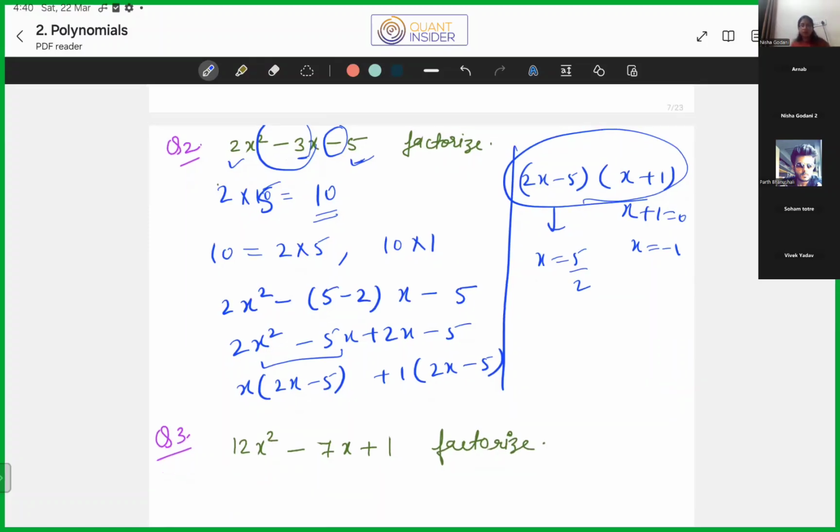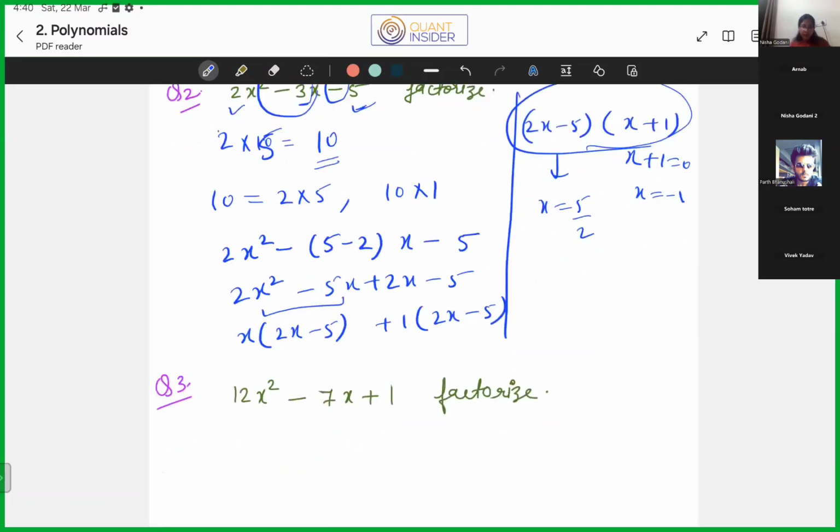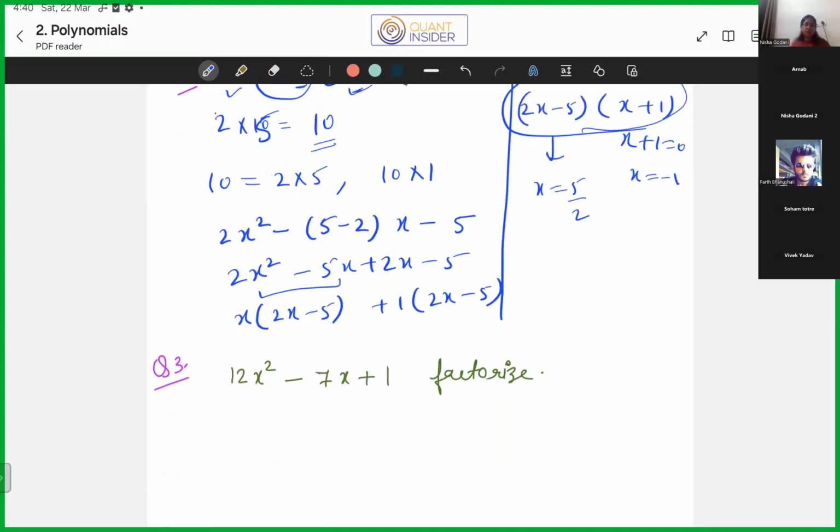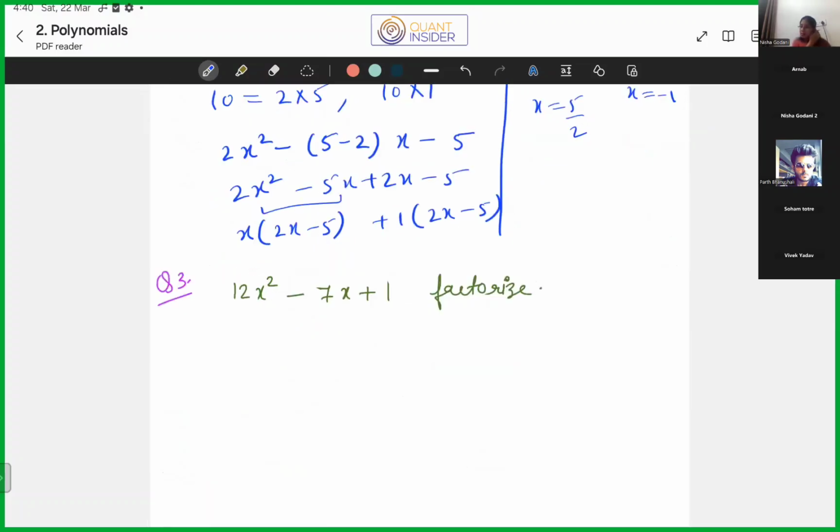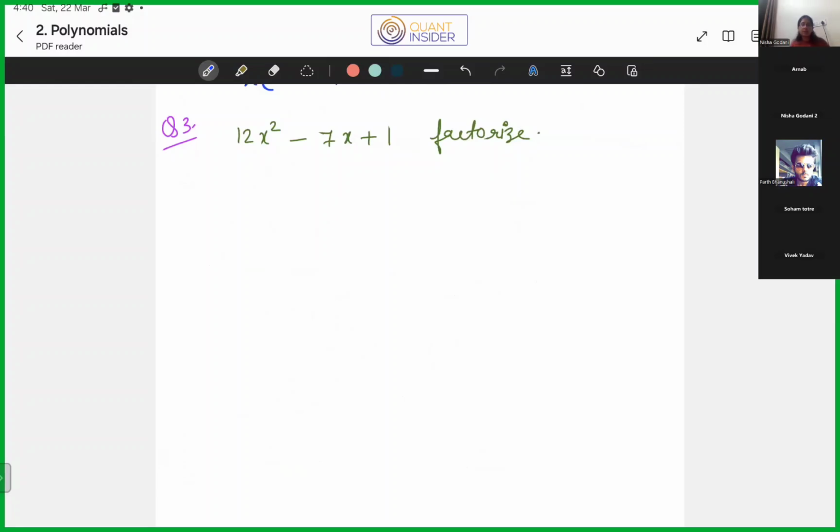Okay, so let's move to the next question. Factorize this. Try this question by yourself. 12x square minus 7x plus 1. So 12 into 1, 12. So it can be written as what? What are the factors?